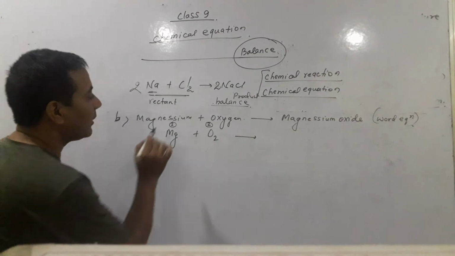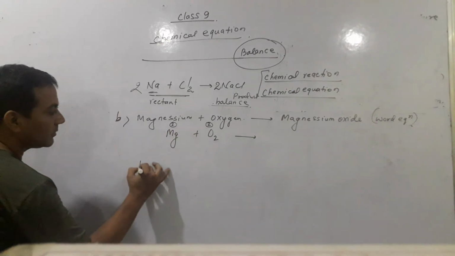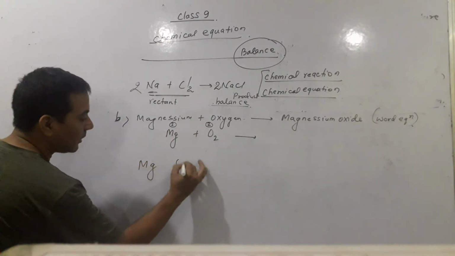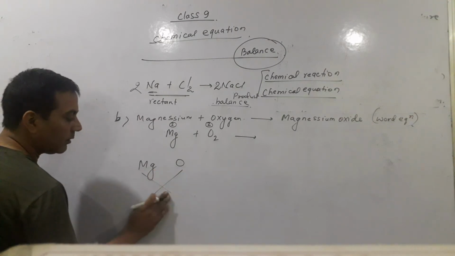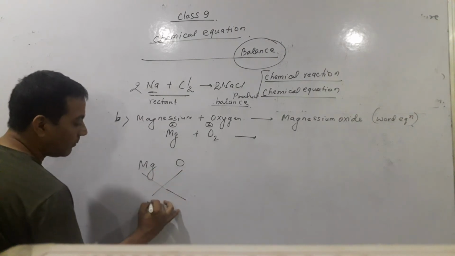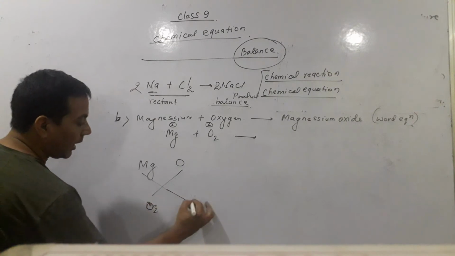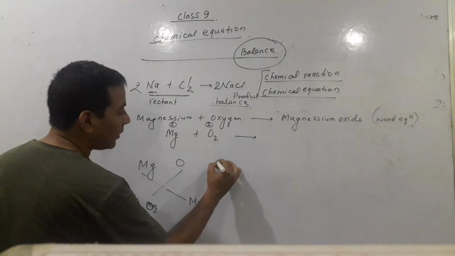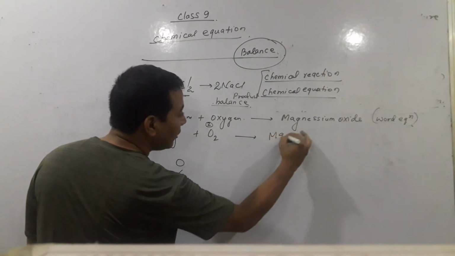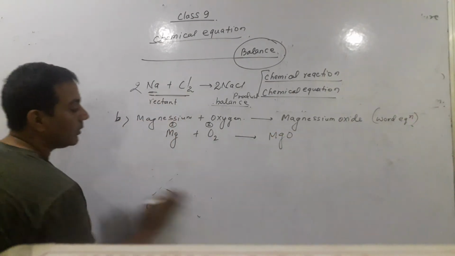Then what will be the chemical equation? If we crisscross this, what happens? MgO2 and Mg2. Then what will it be? MgO. That is the equation.